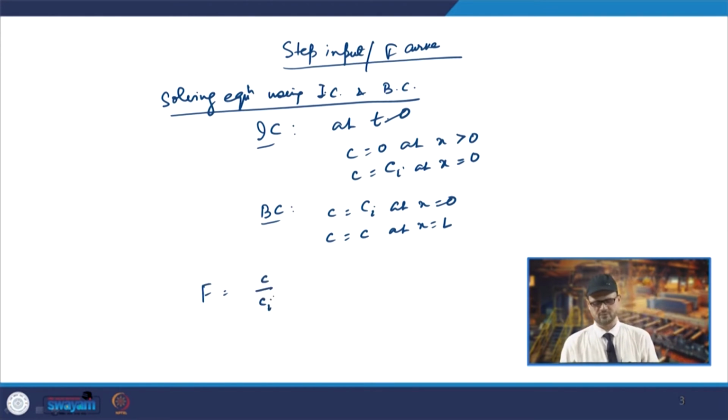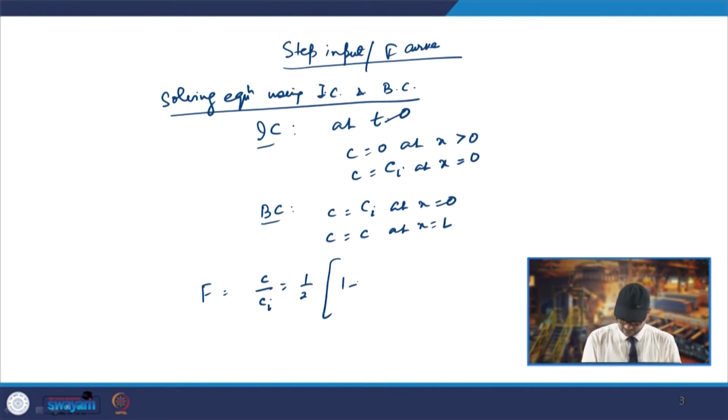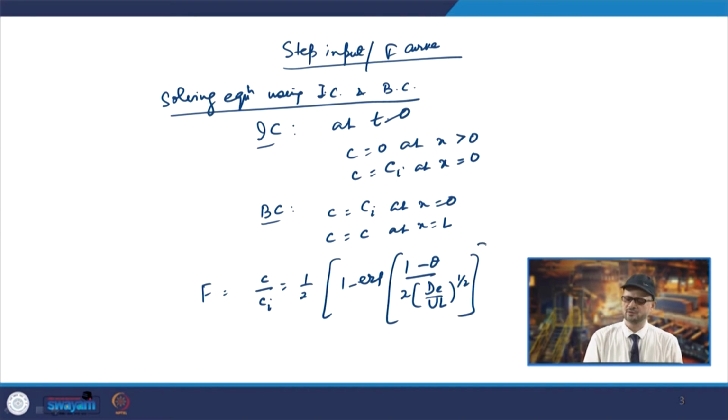That is your F value, and this will be half of 1 minus error function of 1 minus theta upon 2 into dE upon UL, to the power 1 by 2.